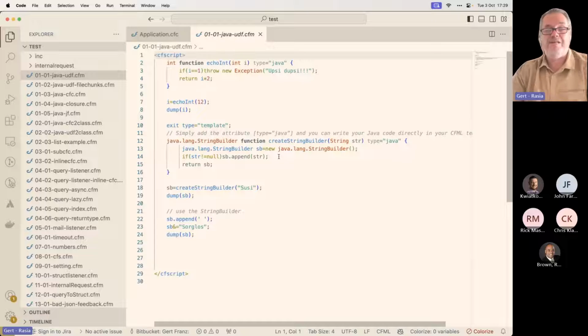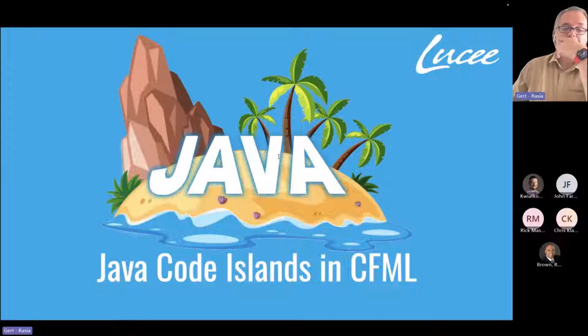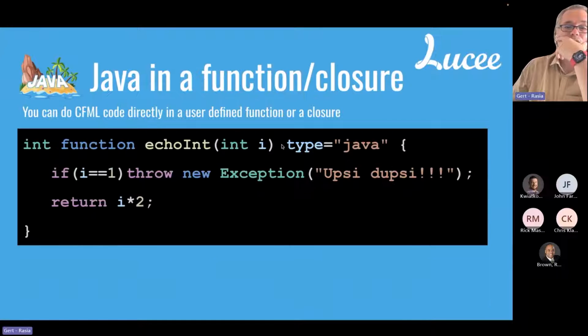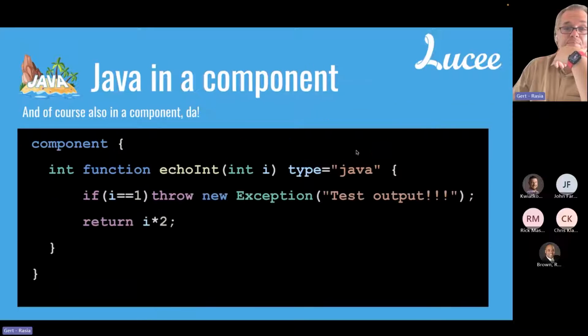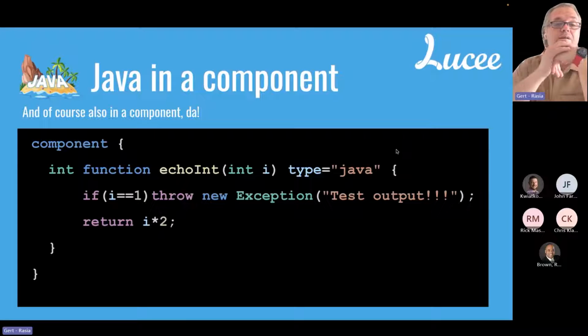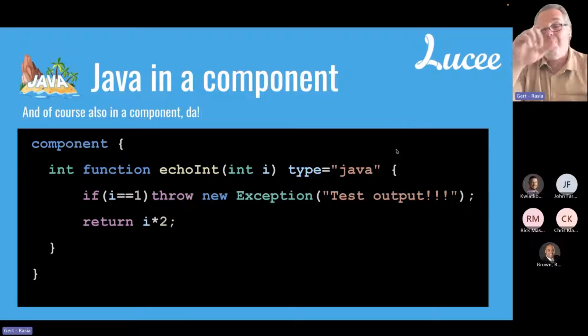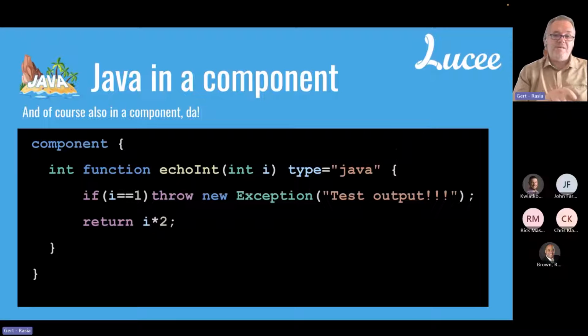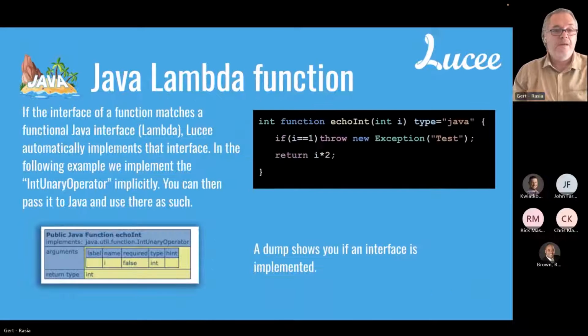Lucee is very fast by default as well, but still it's possible to create a construct like this. So, as said here, int function type equals Java, and then we can have it in a component as well. Methods inside of a CFC can also be of type Java, and then you return a certain integer here.